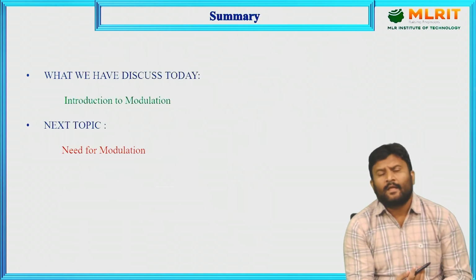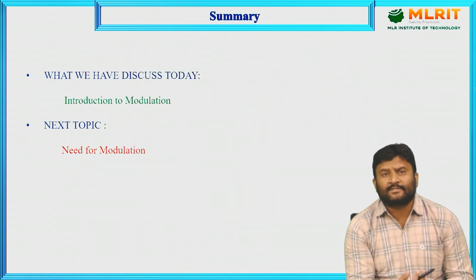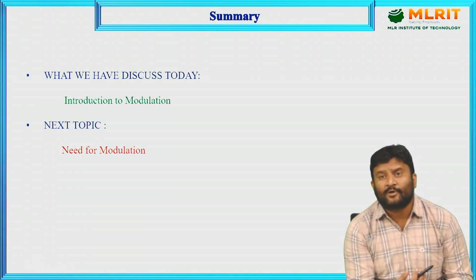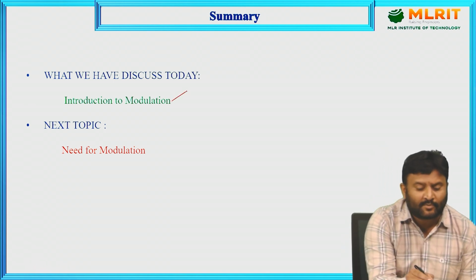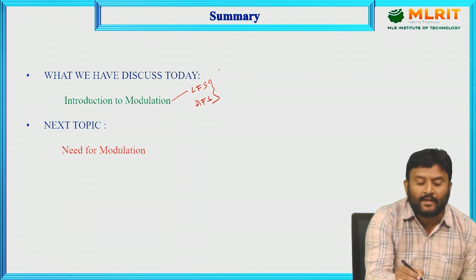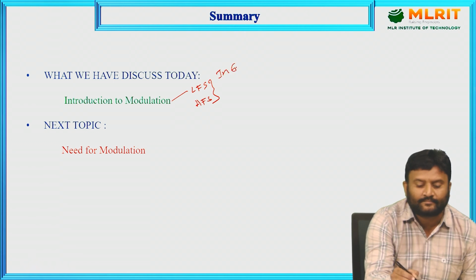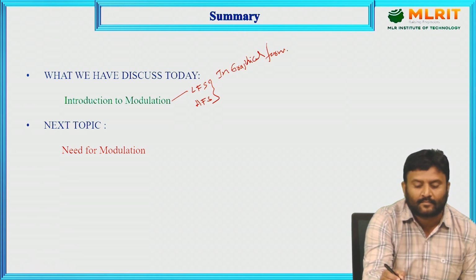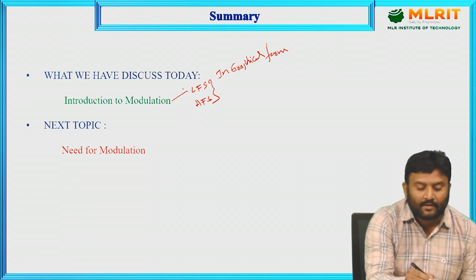Then the last one: today what we discussed is the introduction to modulation. In the introduction to modulation, we learned about what a low frequency signal is and what a high frequency signal is in graphical form. This is the first point.